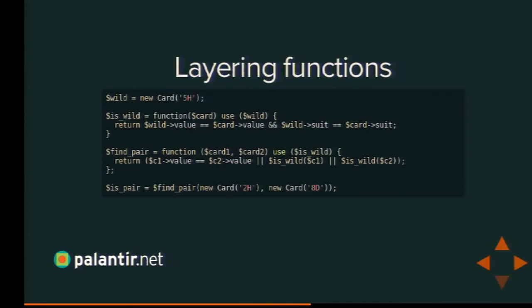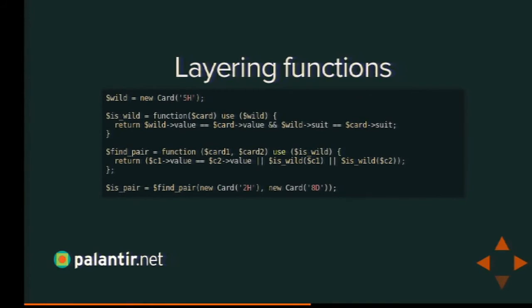So when you reference a variable like this, the fancy way of saying it is a closure is created over that value. Don't worry about that closure. People like to use closure to mean anonymous function. PHP even does in the engine, so roll with it. But then when we call findPair, it will simply call isWild for us.